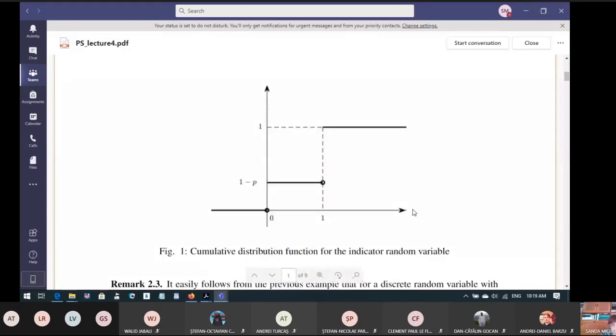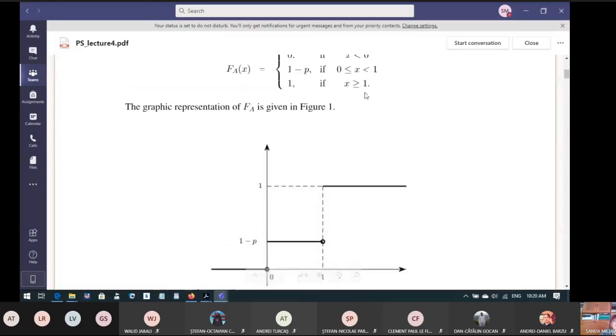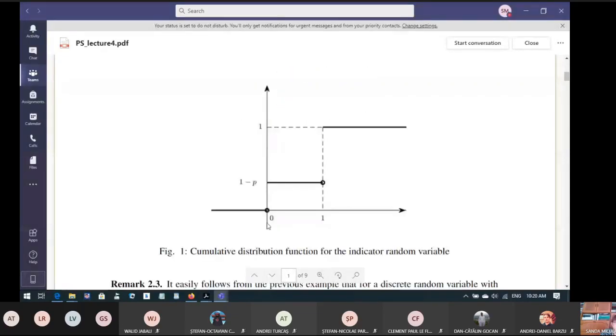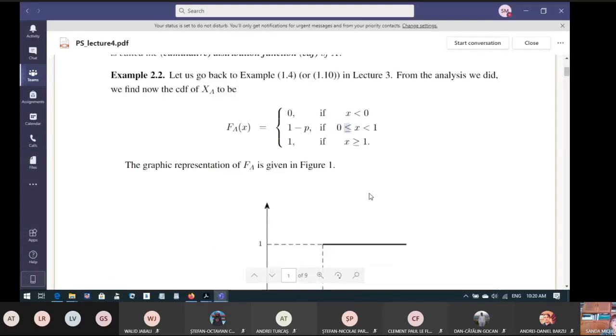At all the other points, there's no problem coming from the left. The limit from the left at 0 is 0, but from the right it is 1 minus p, and that's the value of the function also. So I put a little circle here. That point does not belong to the graph. Same thing at the value 1.